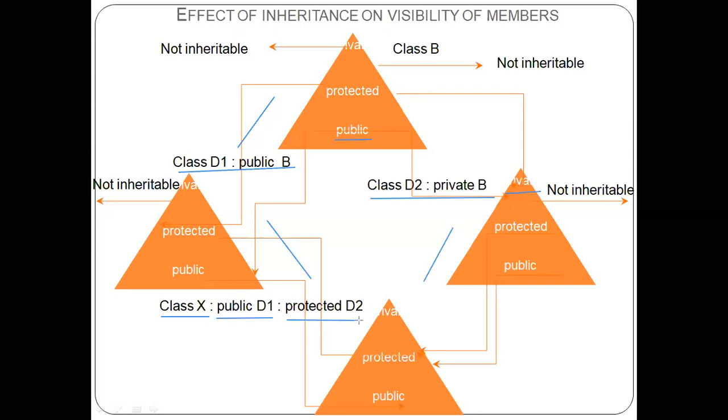With public, all the data available inside the public scope is available inside class X. With protected, all the data available inside protected is available with respect to class X. So what is the use of the protected access specifier?